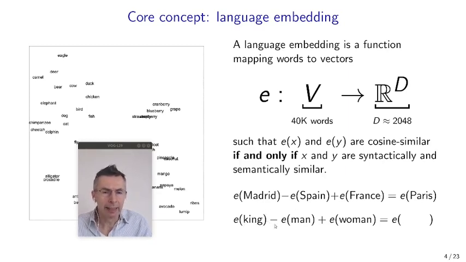If I take king and I subtract the male part of it and I add a female part of it, so I kind of convert king from being male to female, then of course I'm going to get queen as a result, if this embedding function is behaving properly, if it is giving us a similarity that matches the syntactical and semantical similarity of the words in ordinary language.